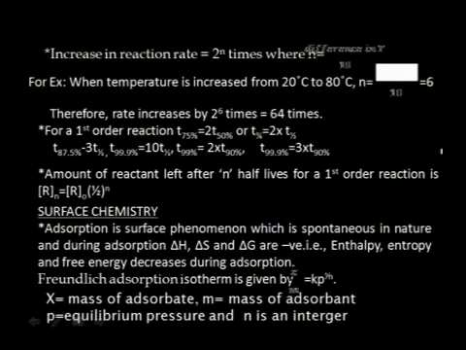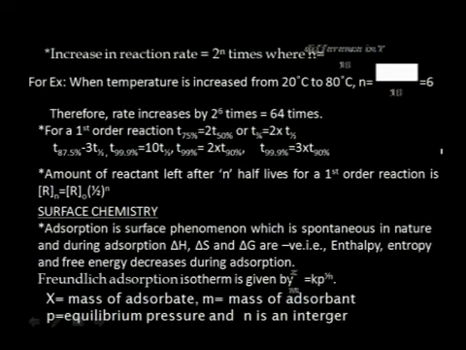The next question: for a gaseous reaction 2X plus Y gives P plus Q, the rate is given by k[X] to the power 1 and [Y] to the power 1. If the volume of the container containing the reaction mixture is suddenly reduced to 1 by 4, then with respect to the original rate, the new rate would be, if the volume of the reaction vessel is reduced to 1/4, definitely the concentration of the reactants X and Y increases 4 times.